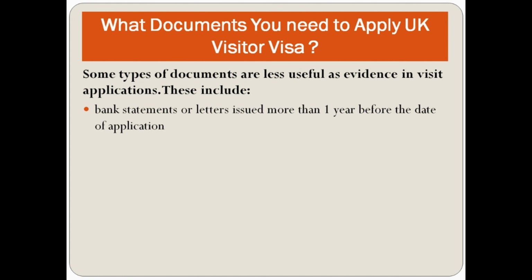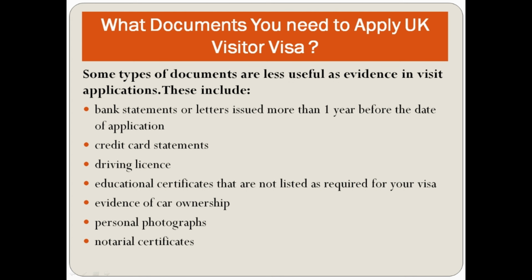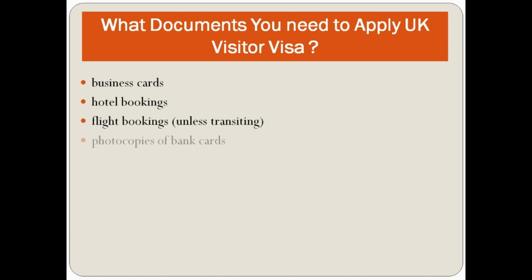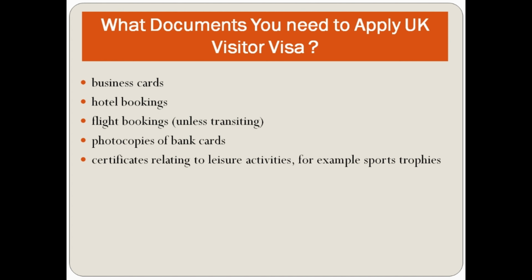Some of the documents which are not required include your bank statements or letters issued more than 1 year before the date of your application, your credit card statements, your driving license, educational certificates that are not listed as required for your visa, evidence of car ownership, personal photographs, notarial certificates, business cards, hotel bookings, flight bookings, photocopies of bank cards, certificates relating to leisure activities, for example, sports trophies, travel insurance, sponsors' utility bills, sponsors' council tax bills.